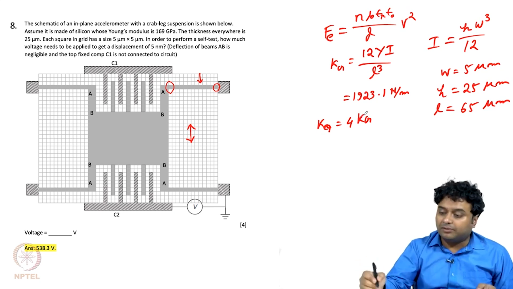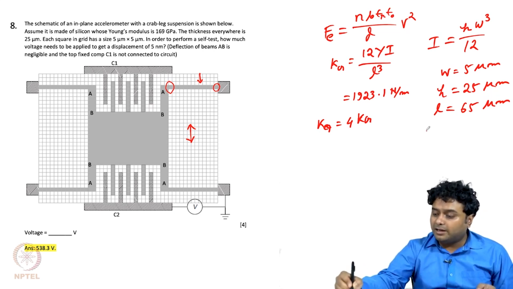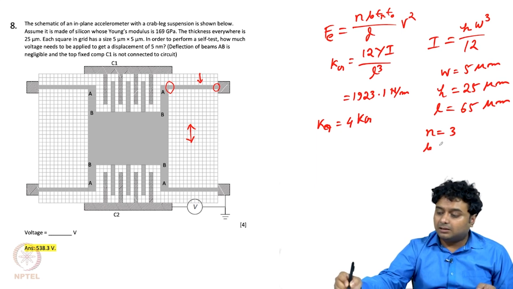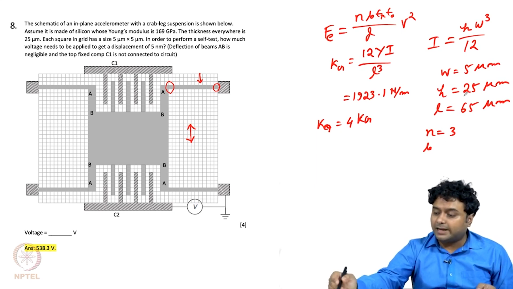Now I know the electric field also, because F_E equals to, I have already put the formula here, right, where N equals to 3, B is similar to the H here, right.